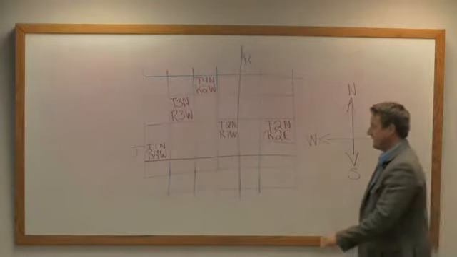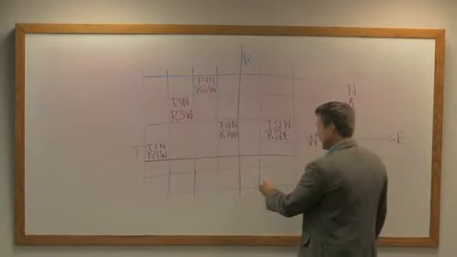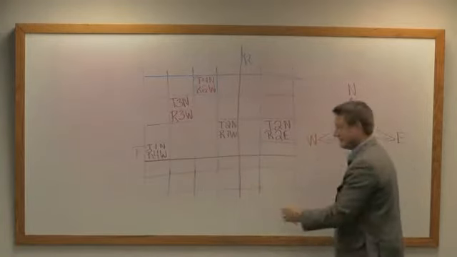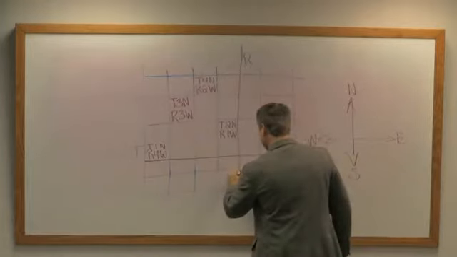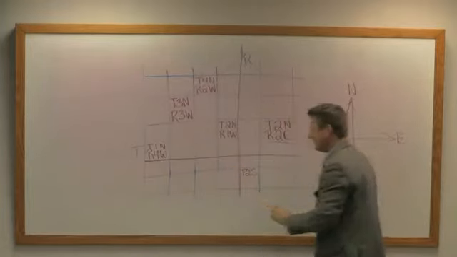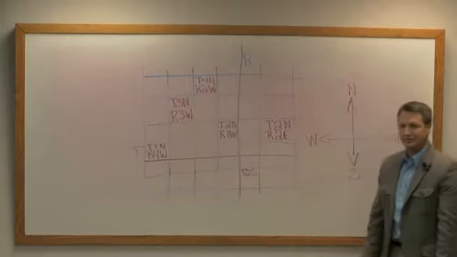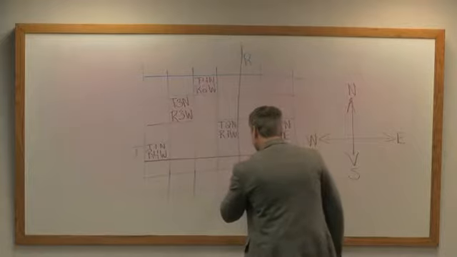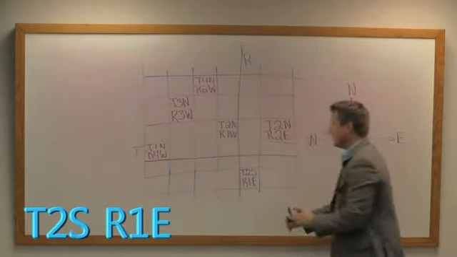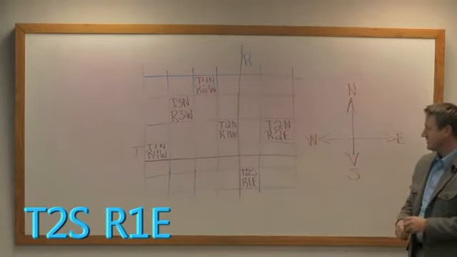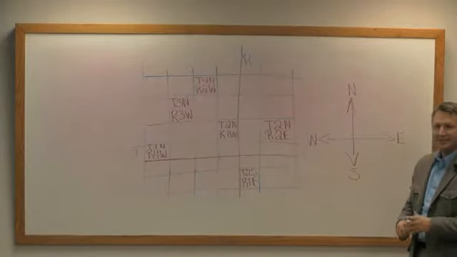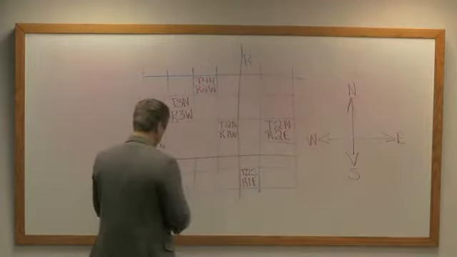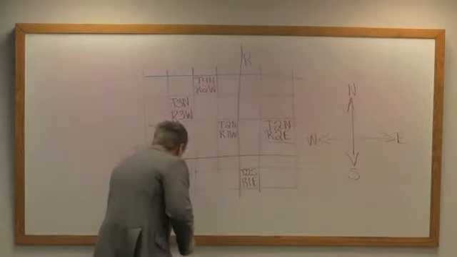Good job. How about if I'm down here in this one? T2S. So I'm 1, 2 south. R1 east. It's like rye, but R1 east, right? What if I am, let me draw one more.